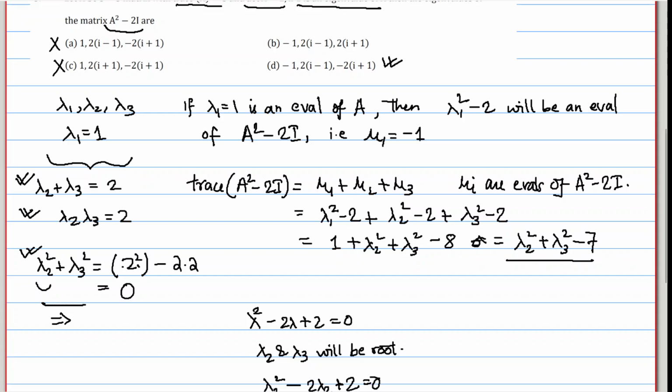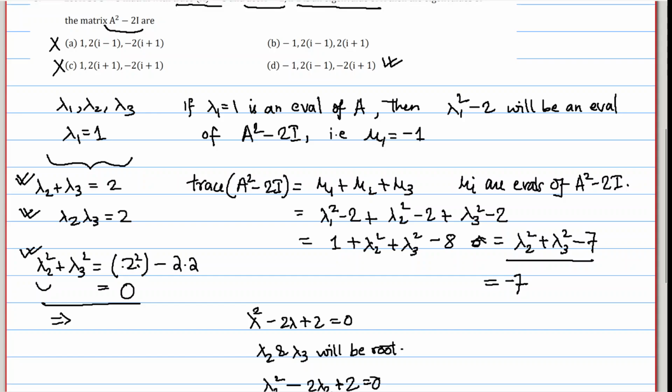So from here I can say that the trace of A square minus 2I will be minus 7. Minus 7. 1 minute guys.